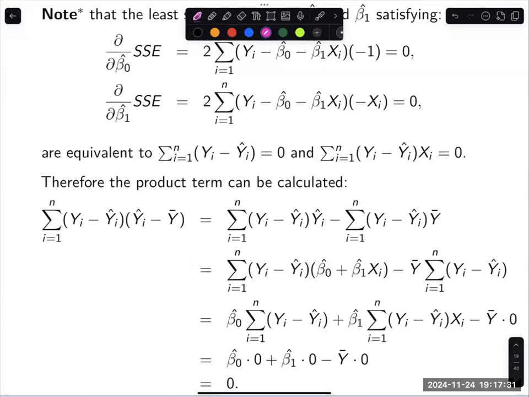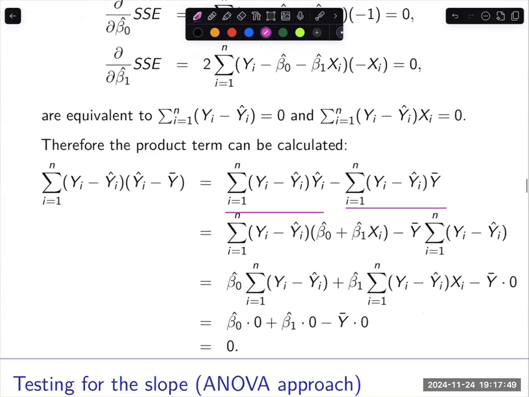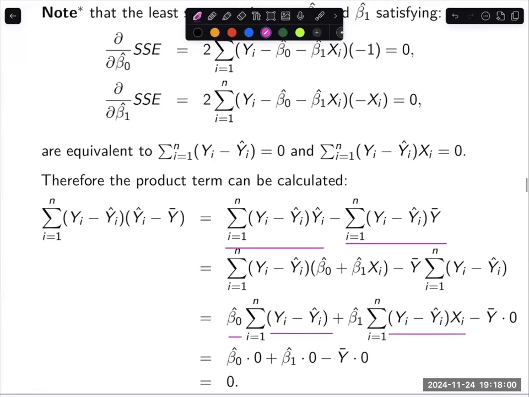So in fact, yi minus yi hat times yi hat minus y bar can be decomposed into two terms as written here. By projecting yi hat onto the model, we have beta 0 hat times the sum of yi minus yi hat, plus beta 1 hat times the sum of yi minus yi hat times xi.